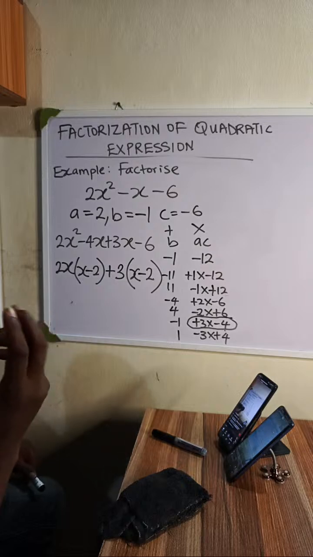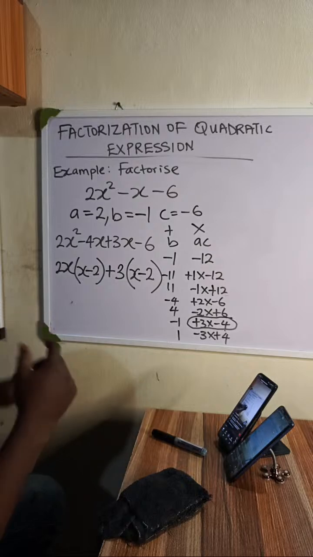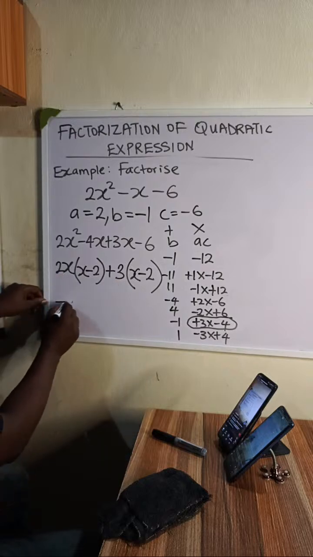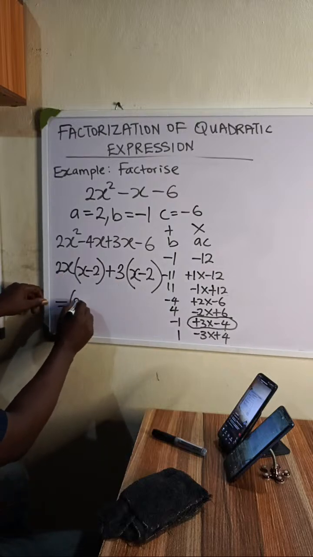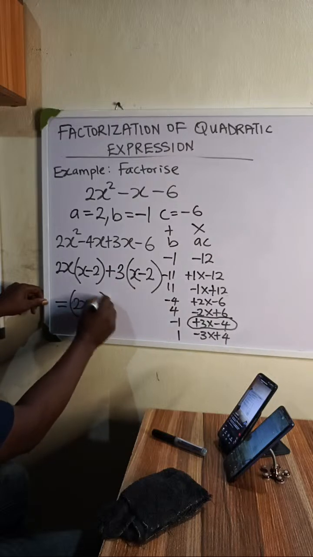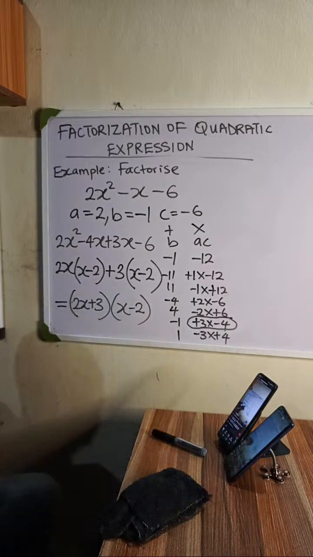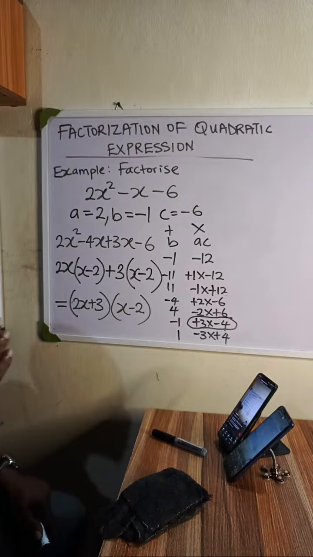So now we are almost at the end of the equation. So we bring the two values outside the parentheses together. So what we have is 2x plus 3 into x minus 2. So this is a simple way of factorizing a quadratic expression.